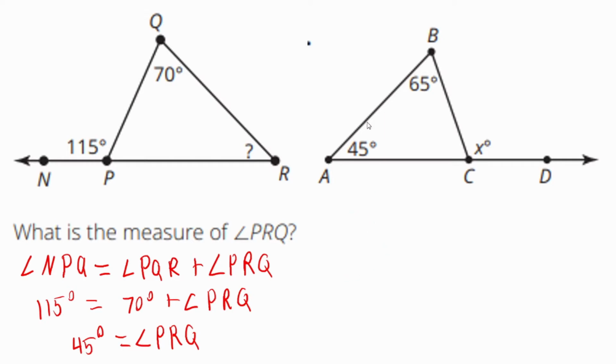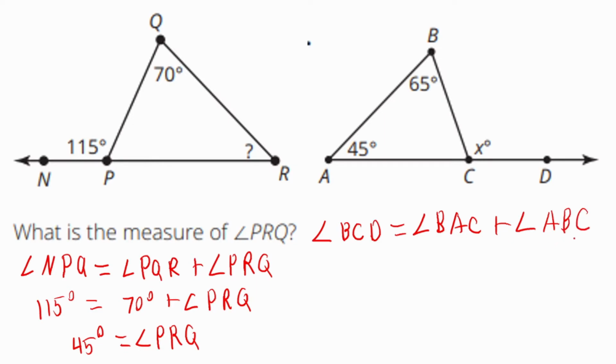So next up, we want to use that same theorem, but now we're working in reverse just to find the outside, right? So once again, we could say that this exterior angle, BCD, which is our exterior angle here, is equal to the two remote interior angles. So angle BAC plus angle ABC.